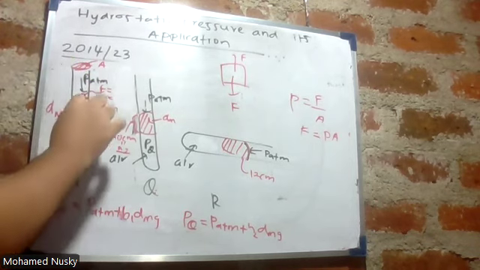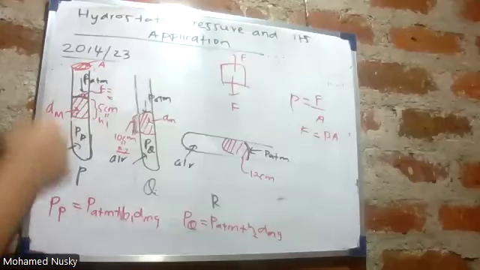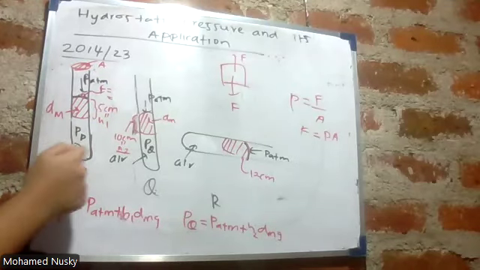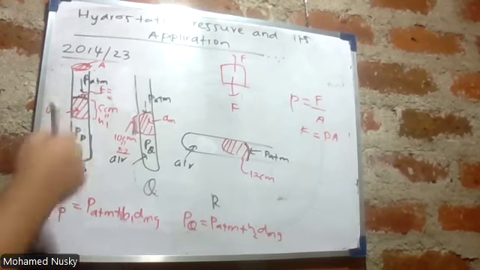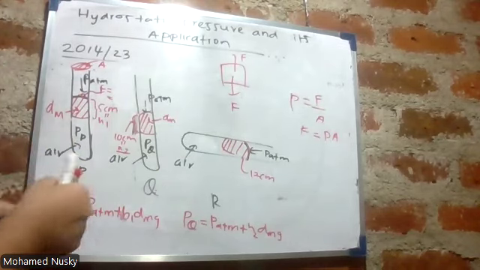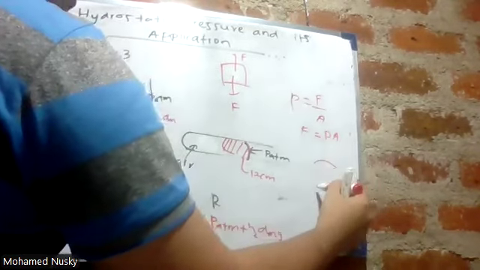Therefore, the force here is pressure into area, that is P_ATM into A. And there will be a downward force on this mercury from this pressure. Now, due to the air, there will be a pressure in the upward direction on this mercury. Let me take this mercury separately and show it to you. Here I have the mercury.